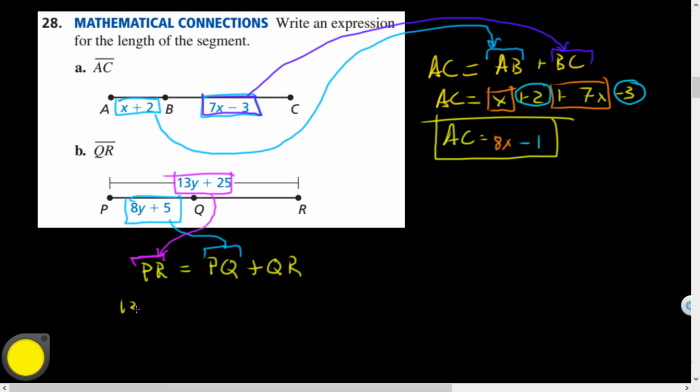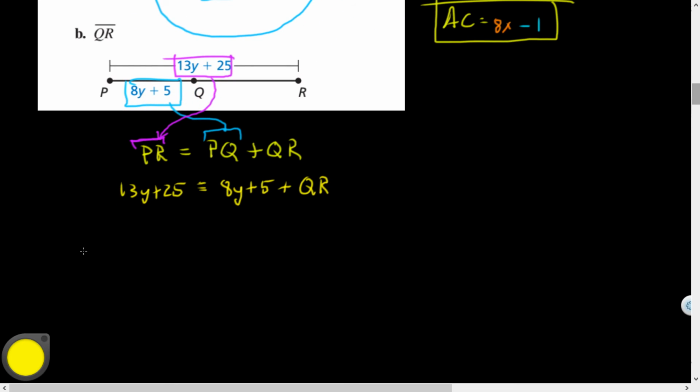So I'll have 13y plus 25 is equal to 8y plus 5 plus QR, which just represents a number. It's just a number, so don't be scared. If I want to solve this for QR, I got to get everybody away from QR. These guys got to get quarantined away from QR here.